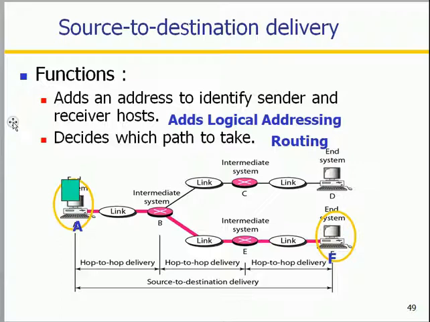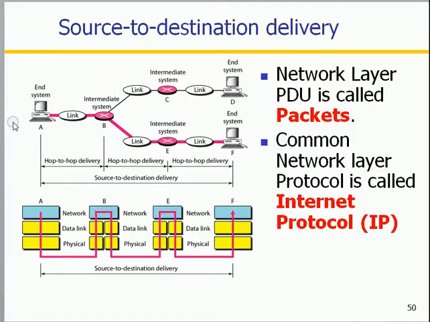This layer adds logical addressing, which is known as IP address. Very, very, very important. You need to remember this. And the protocol used here is IP as well, Internet Protocol. You need to remember that too.